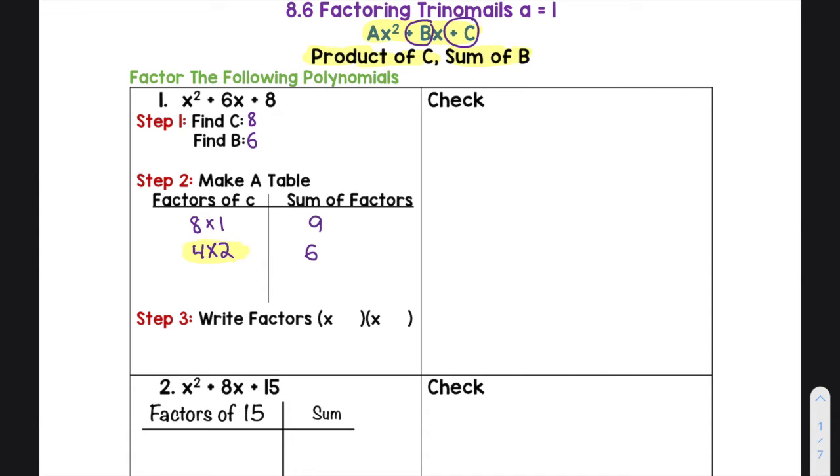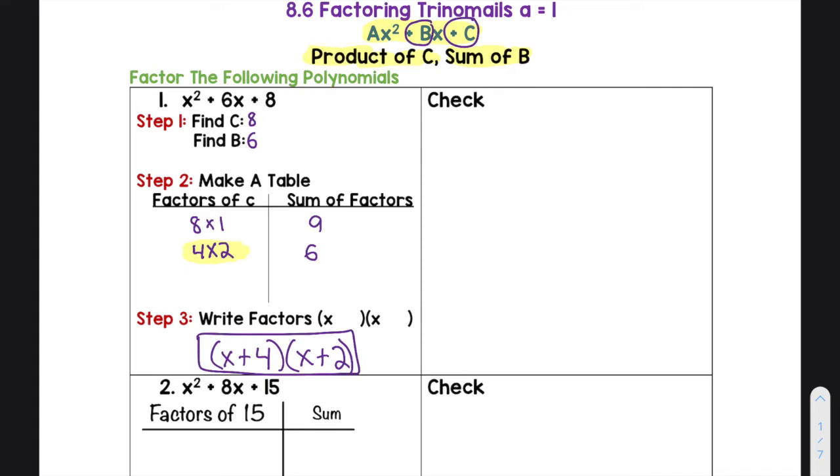So the first factor we're going to have is in the form x plus 4 times x plus 2. Our answer is a multiplication problem when we are factoring. What we're saying is that x plus 4 times x plus 2 is equal to x squared plus 6x plus 8, or the original trinomial we have above.